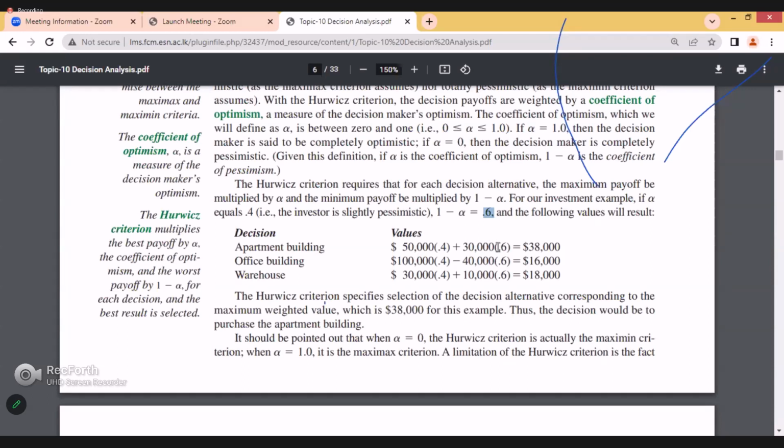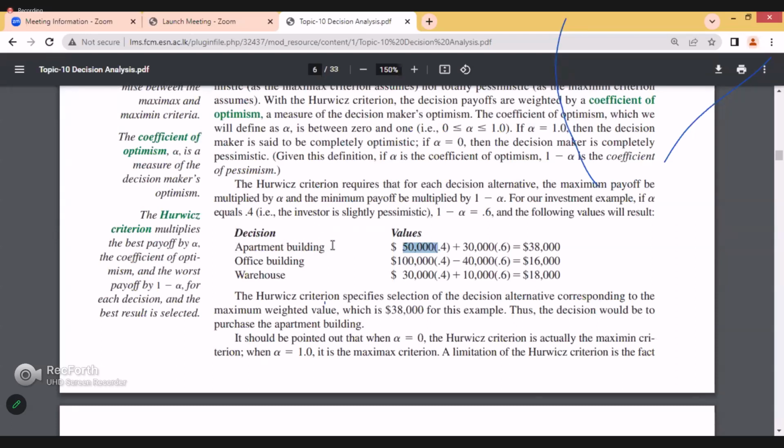Similarly, the poor or bad economic condition has to be multiplied by 1 minus the alpha value, the balance, 0.6. After multiplying this way, we have to be careful with the minus values also. Then we have to add both. So 50,000 multiplied by 0.4 plus 30,000 multiplied by 0.6 equals $38,000.